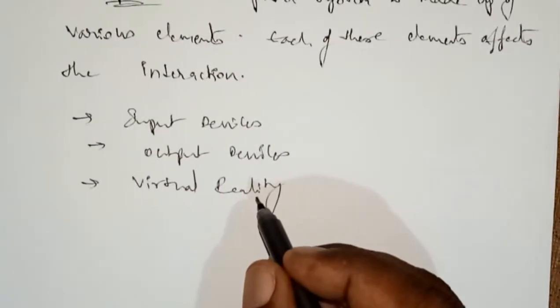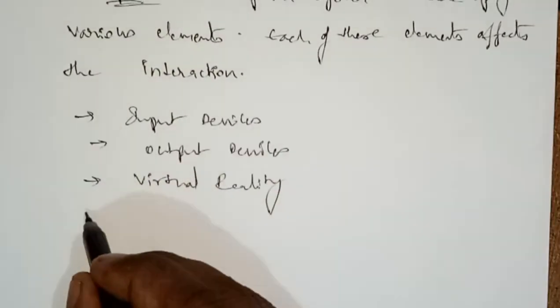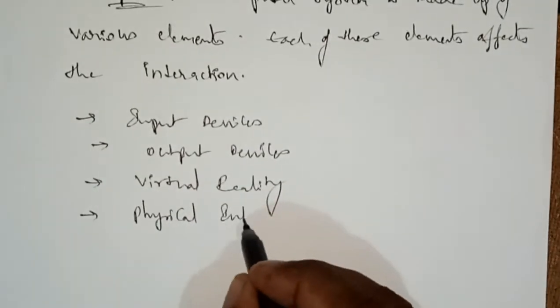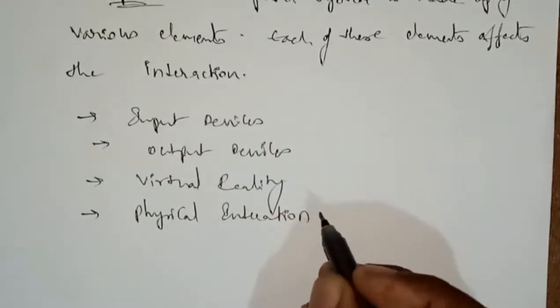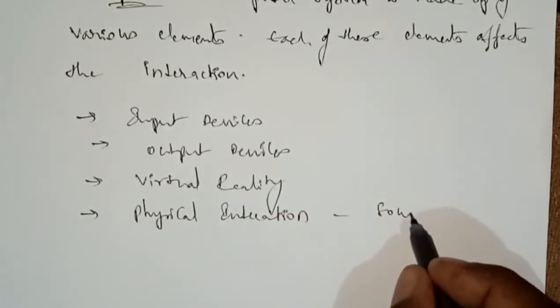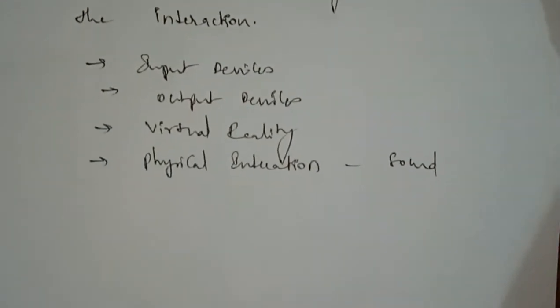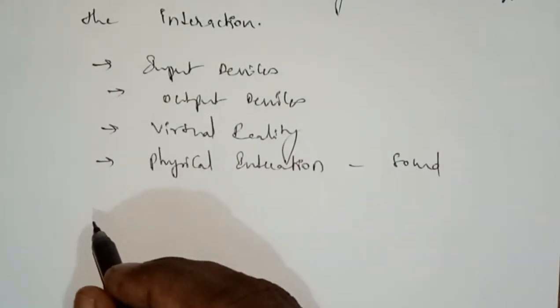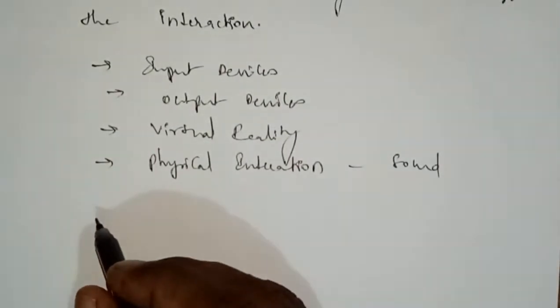Next is physical interaction, for example sound, which we can hear. So these are some of the elements we can see in computers.